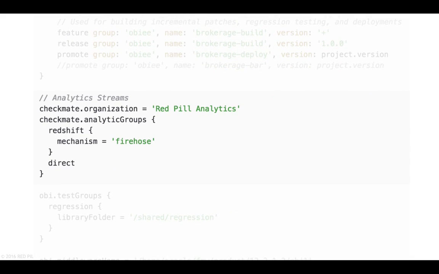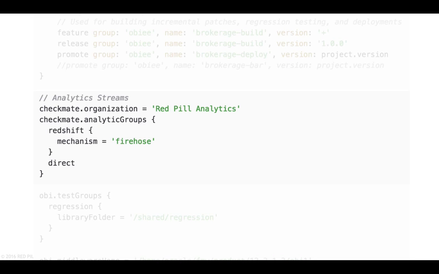Moving down to where we declare our analytics capabilities. So Checkmate is able to stream results from builds, regression tests, metadata changes, etc. We're able to stream that to a variety of technologies. In this case, we've declared two. We're using Redshift, and we're loading that via AWS Firehose.